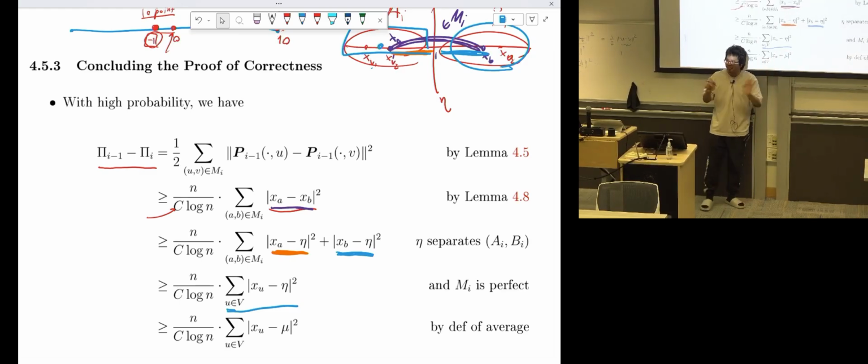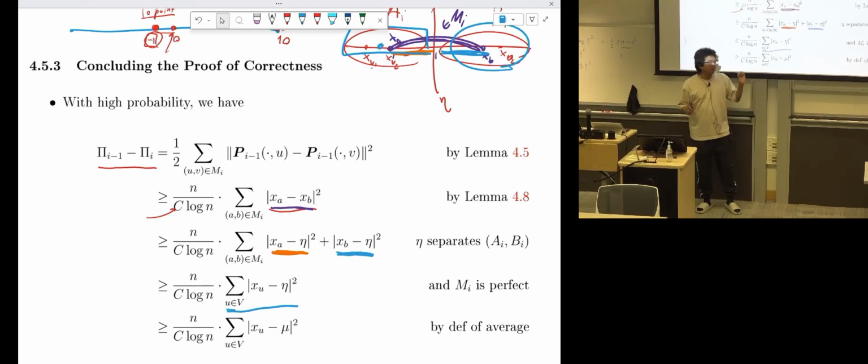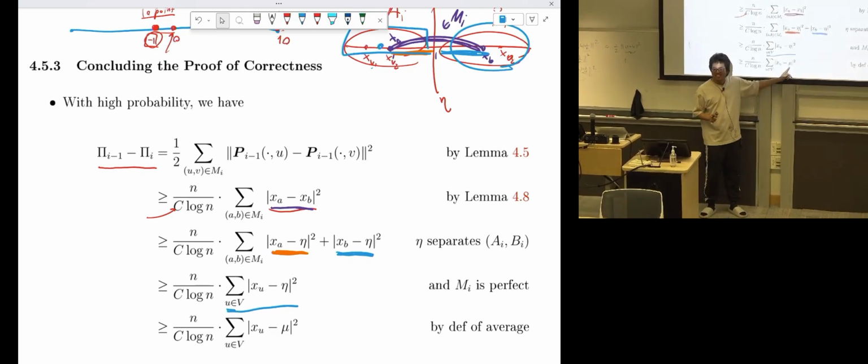This is another definition of average. That's what the mean is in the geometric setting. So it's both the sum of everything divided by the number of points, and the point that minimizes the distance squared. So this is a minimizer of this term, and you can lower bound it by the average here.